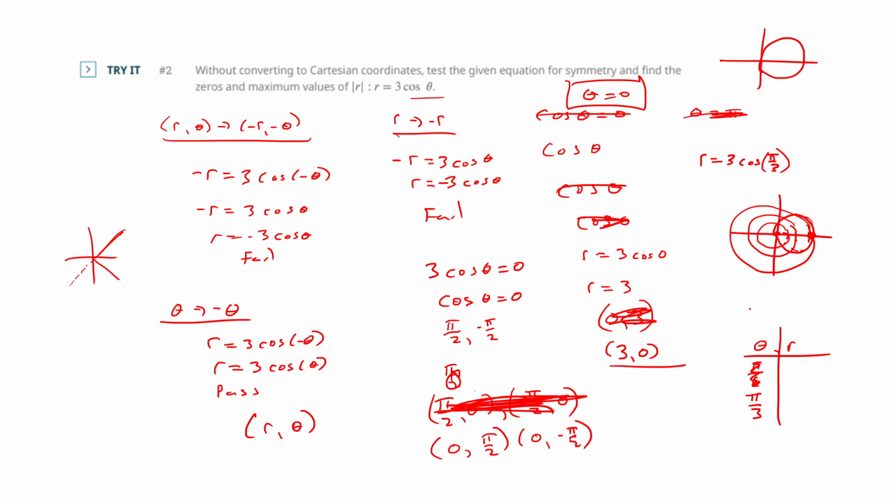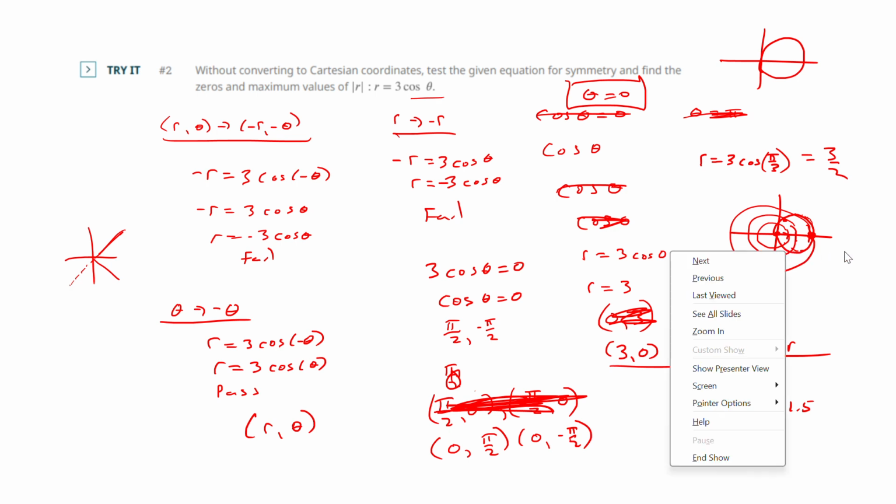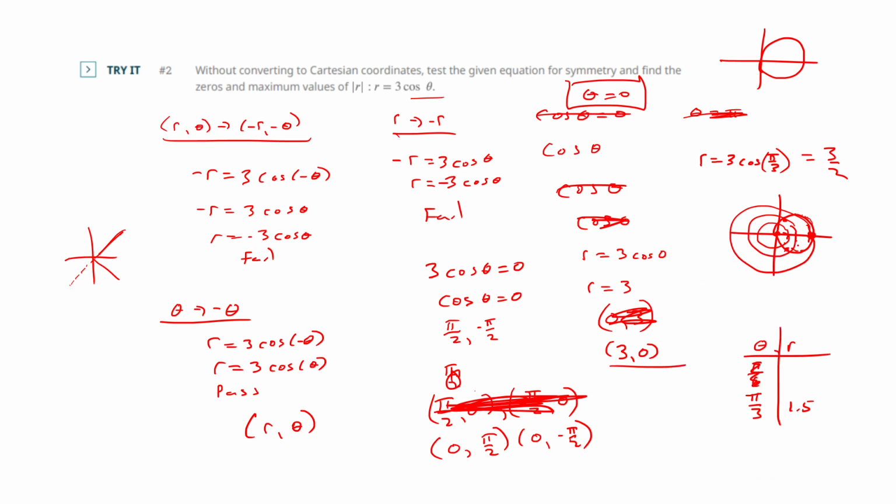If you put pi over 3 in for theta, cosine gives you 1/2, so this is going to be 3/2 or 1.5. So at pi over 3, which is about 60 degrees, we're going to get about 1.5, which would be right about here. My circle's terrible. We could do the same thing with negative pi over 3 and get 1.5. We could continue plotting points, working our way around to create this circle right here.